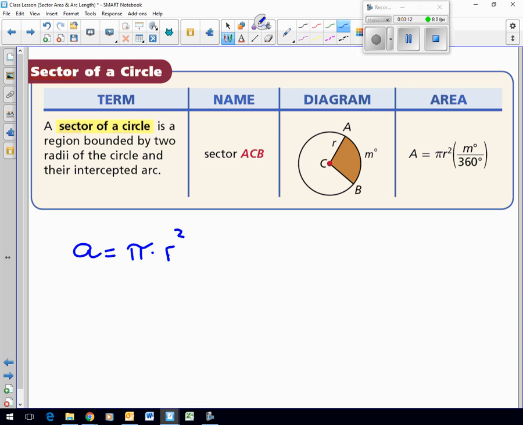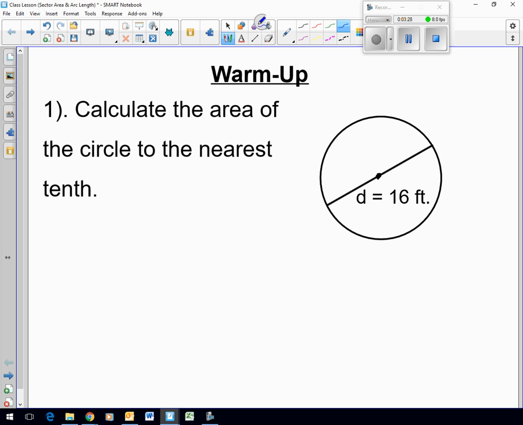That gives you the area of how much of the circle? How much of this circle did you find the area for?